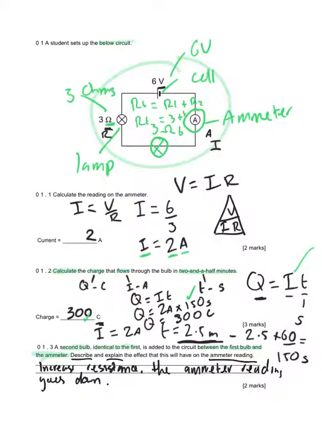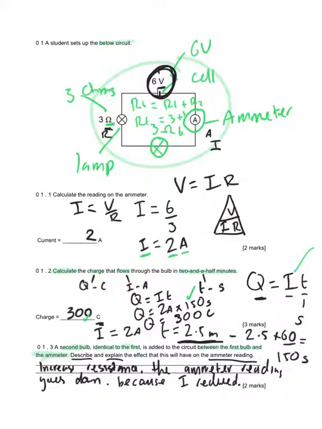because current is reduced. And current is reduced because overall resistance has been increased. The overall resistance has been doubled, but the potential difference hasn't changed. So the only other variable that can change is the current.